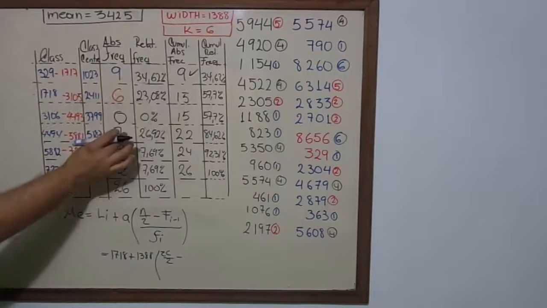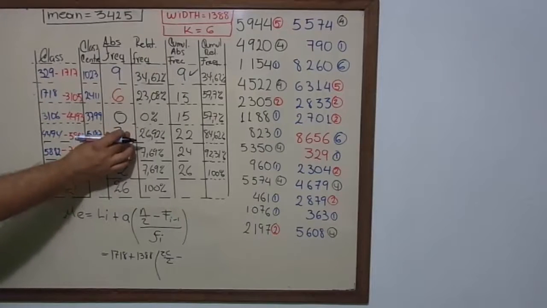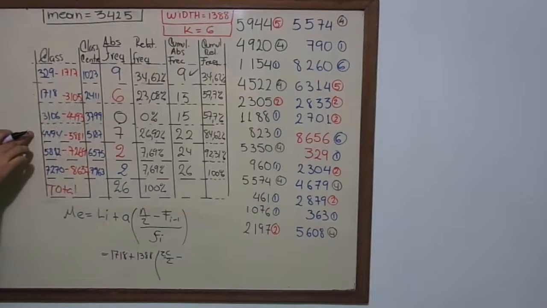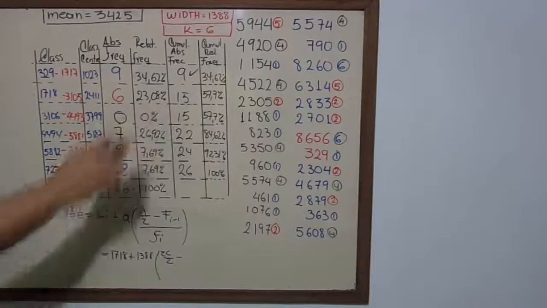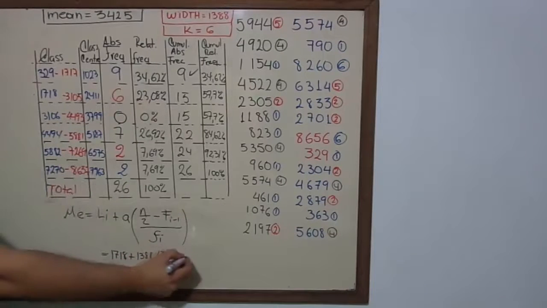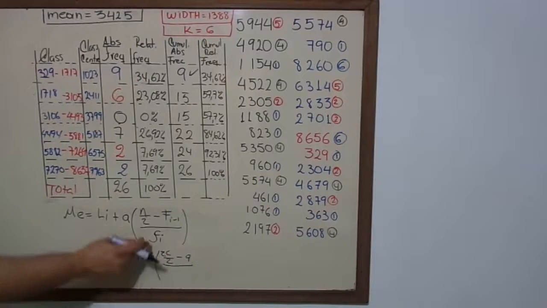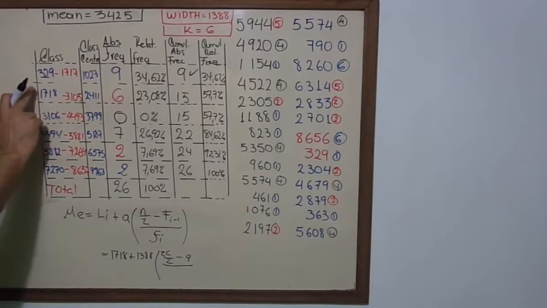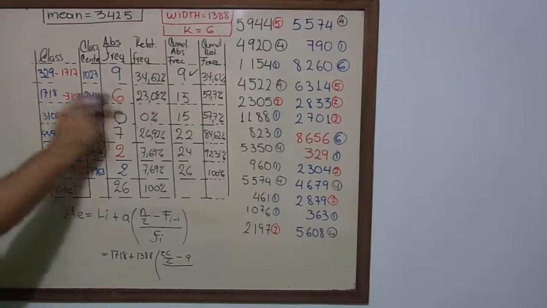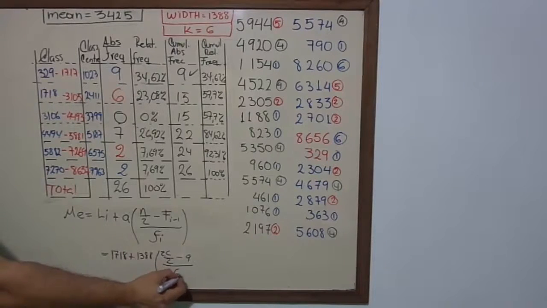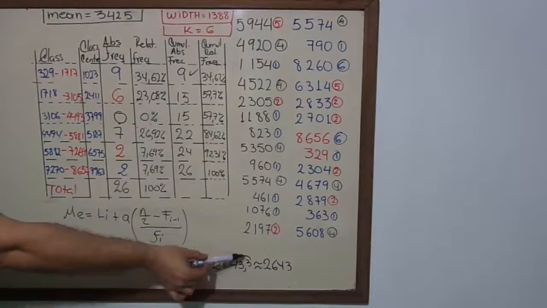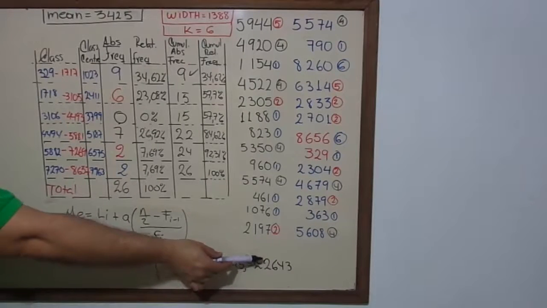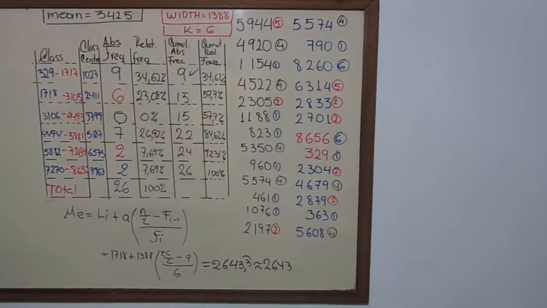It's this one, because if this class contained the median, you'd have to take 15. Okay? So this is 9 divided by the frequency of the class that contains the median, which is 6, right? And the result is 2,643.3, which we're going to round to 2,643. Okay? So I'll place it there.